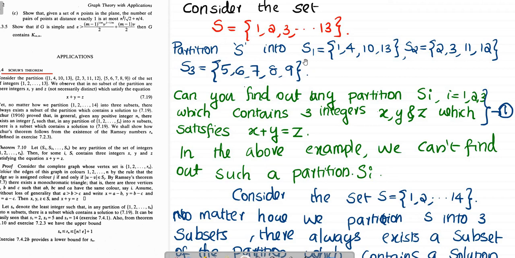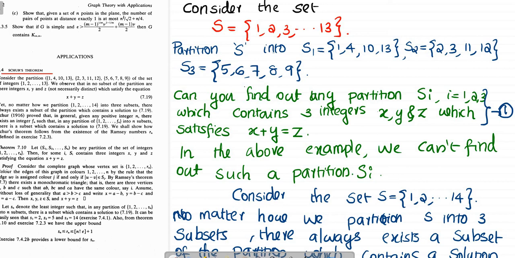Our problem is, can you find any partition Si, meaning S1, S2 or S3, which contains 3 integers x, y and z which satisfy x plus y equal to z? Can you find such a partition among these?